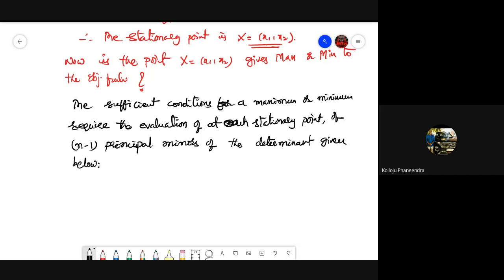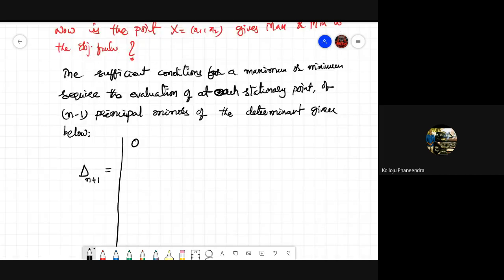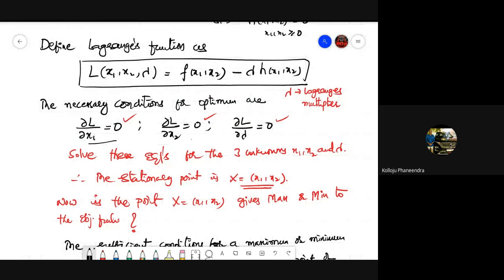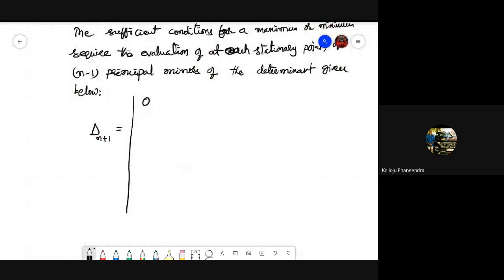Now we have to evaluate the following determinant. This is delta n plus 1, determinant of n plus 1 by n plus 1 matrix. First element is 0. All of you listen carefully. At the stationary point x1, x2, we got the stationary point by solving these three equations. Now that point gives maxima or minima. To decide that, we have to evaluate this determinant.